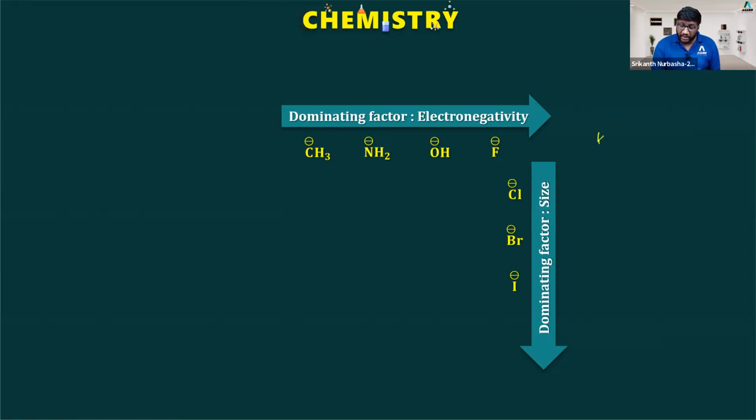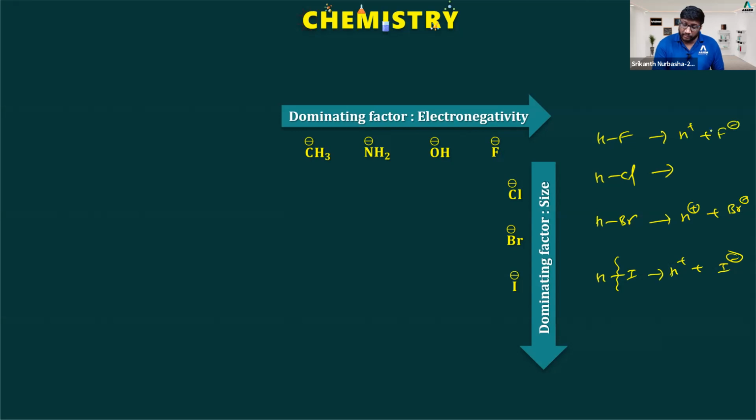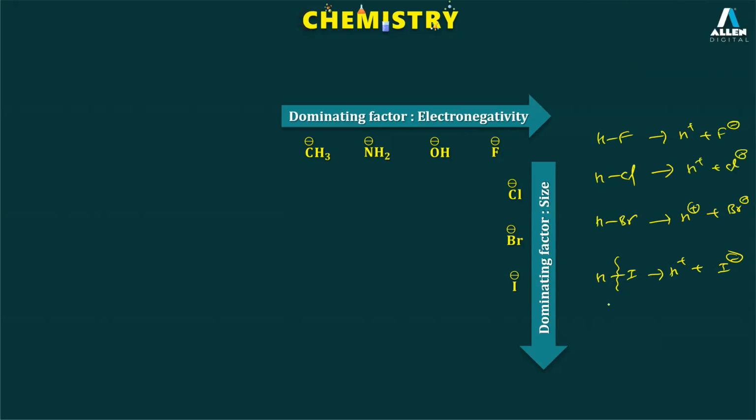If you try to compare HF, HCl, HBr, HI, the HI bond is going to be cleaved easily, producing H plus and I minus. HBr will be less, giving H plus and Br minus. If you compare acidic nature, which will be most acidic? HI will be most acidic, or not? Yes.